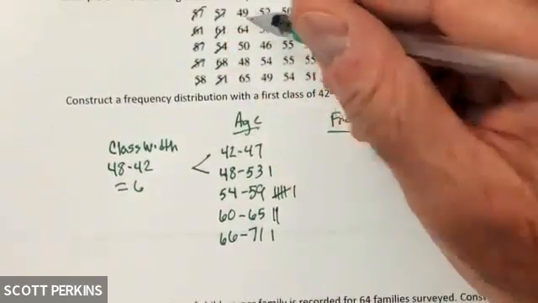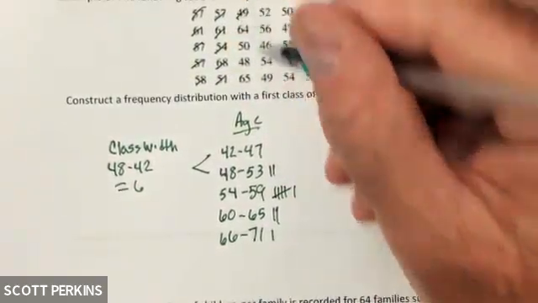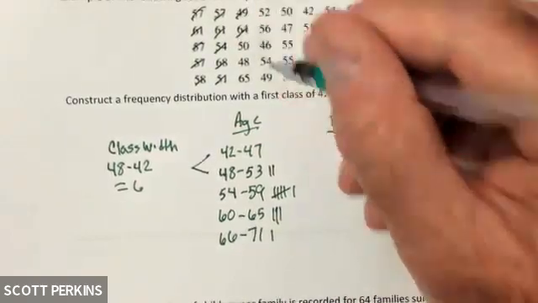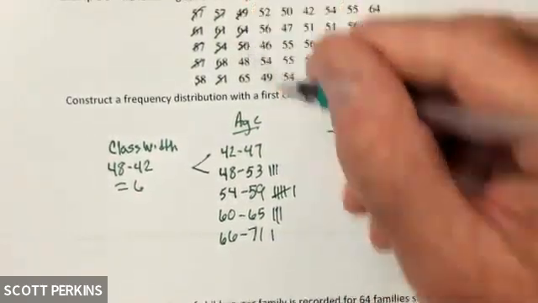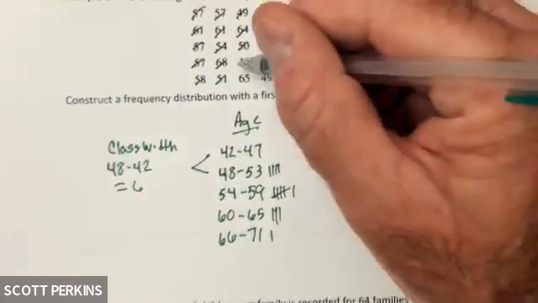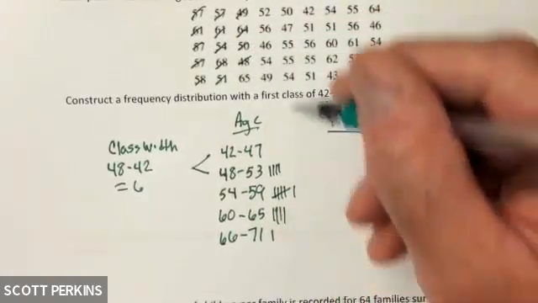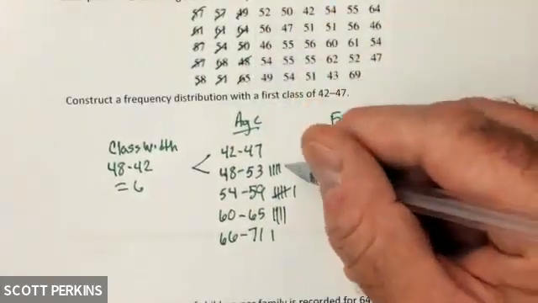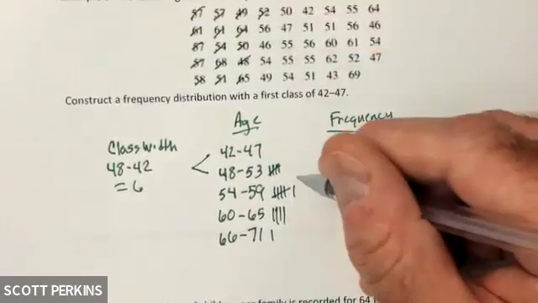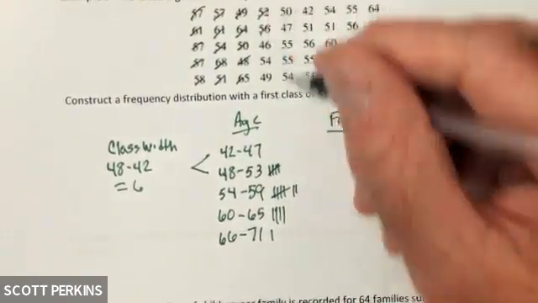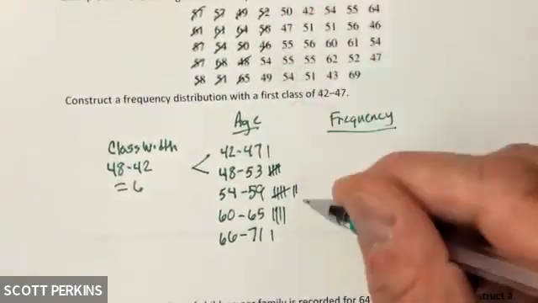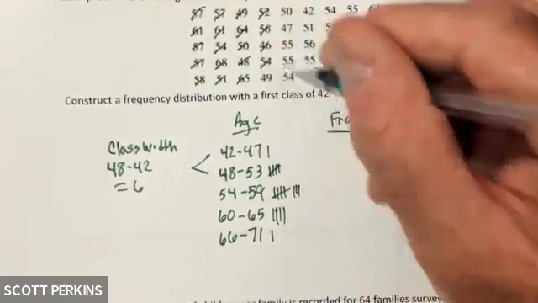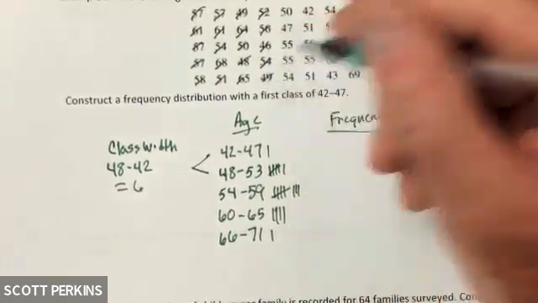That's the second column. 49, 64, 50, 48. This class is starting to catch up. 65 and 52, 56, 46, 54, and 49. That's the fourth column.